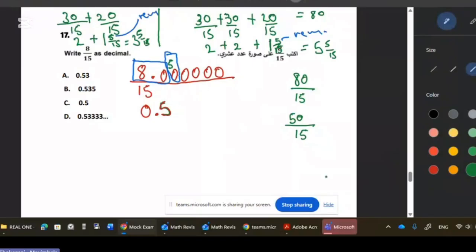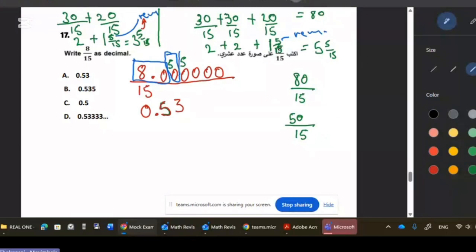So now we're going to write our answer here, 3. What is the remainder again? The remainder is 5 over 15.